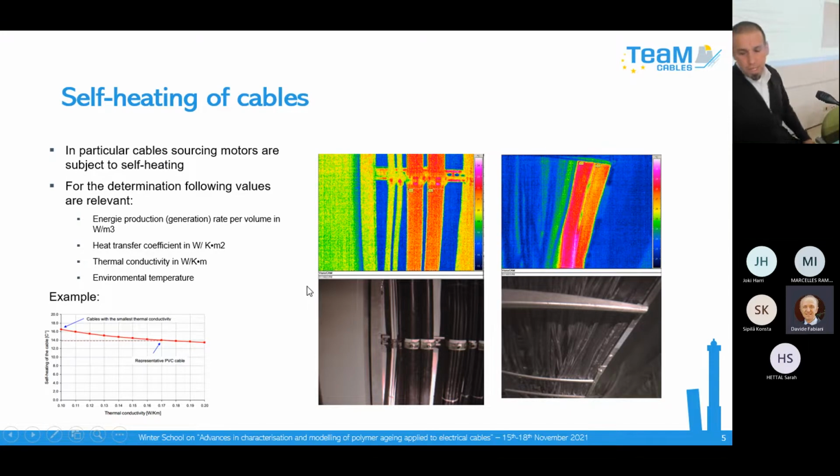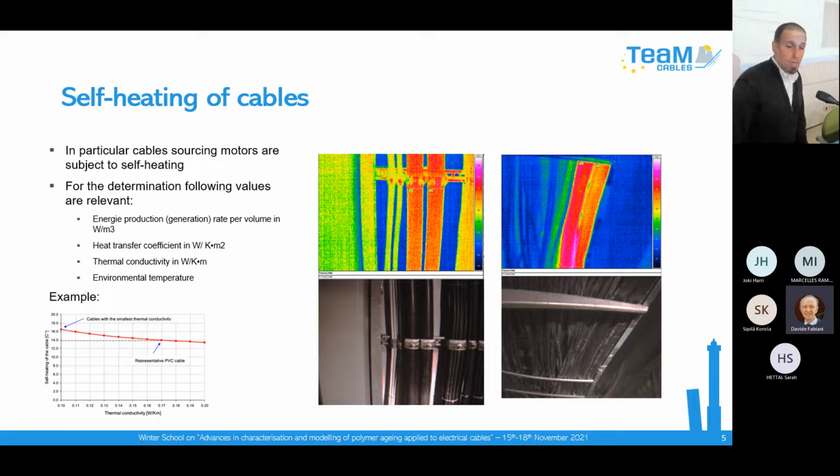Okay, so for cables, and now I come close to the COMSY software, we have to determine the relevant data, such as the environmental data the cables are exposed to, because this is the reason for the aging, as we know.